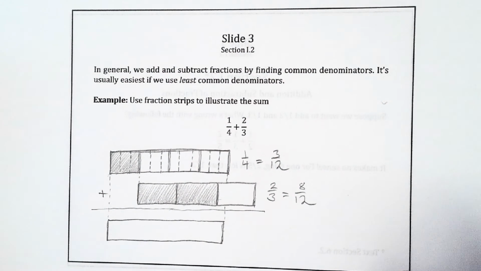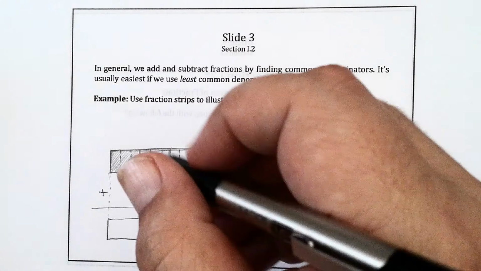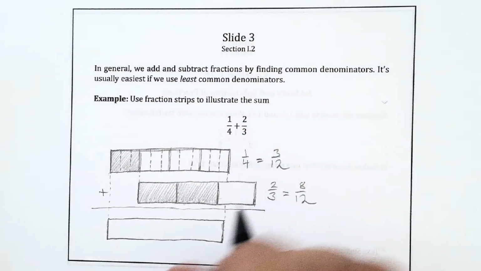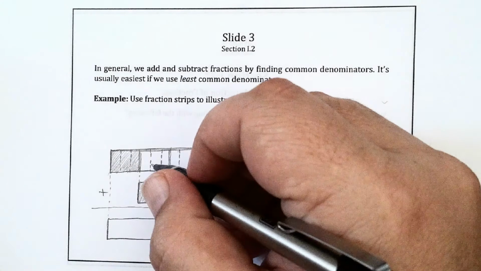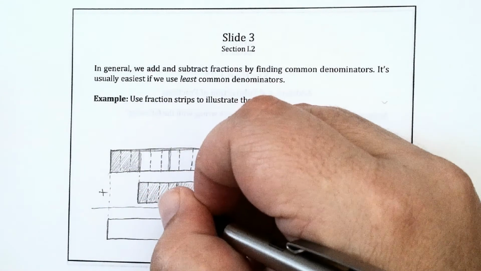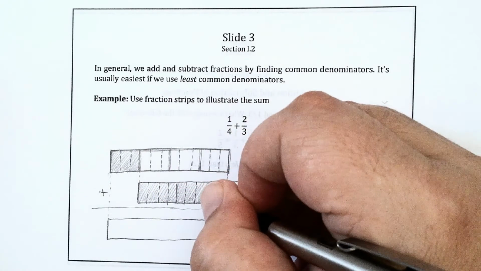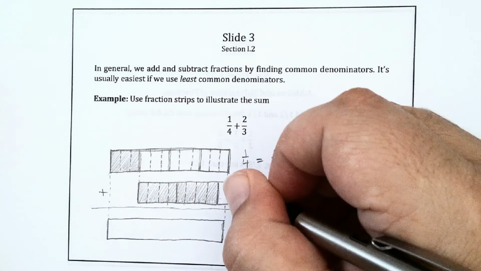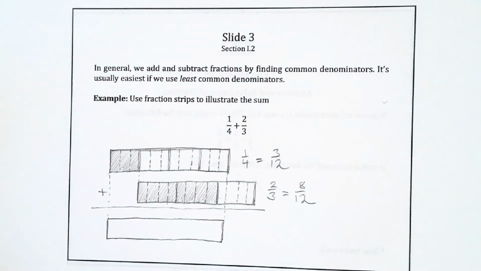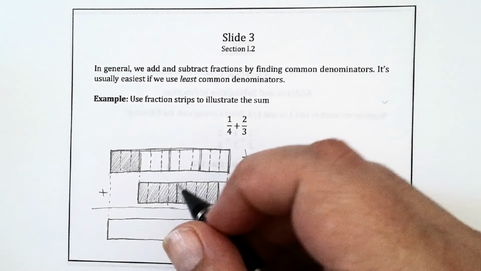And similarly, I'm going to take my 2/3 and divide each of the thirds into 4 smaller parts. Okay, then now the answer.